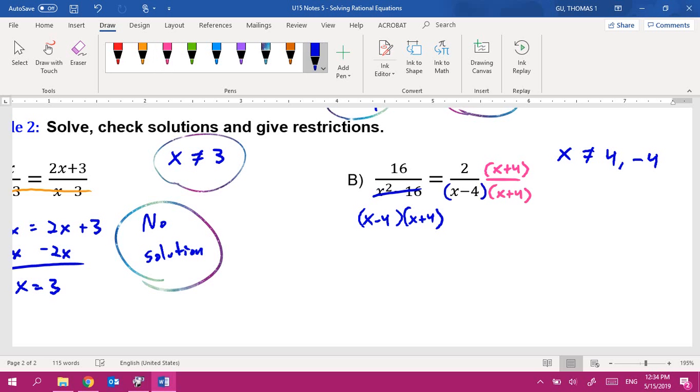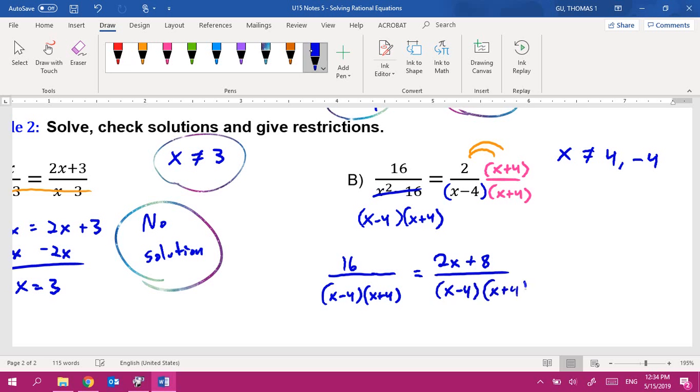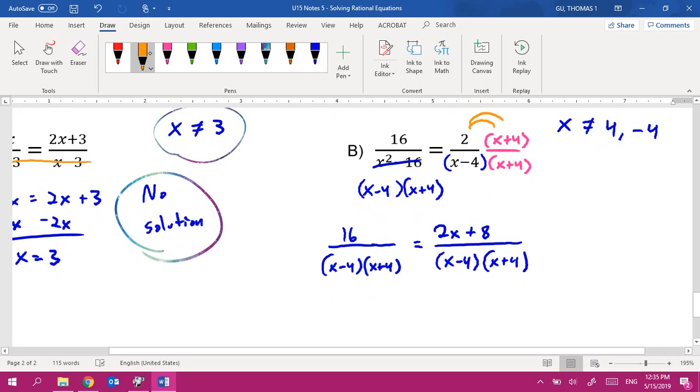That's right. And so now my new equation is going to be 16 over x plus 4 equals what? 2x. Right, you got to distribute, so you get 2x plus 8 over the same denominator, x minus 4 times x plus 4. Now the denominators are the same, so we can just cancel them out. Boom.